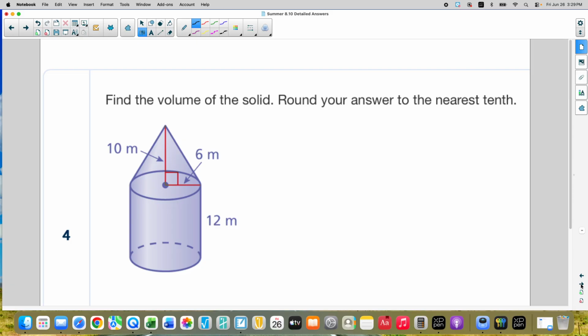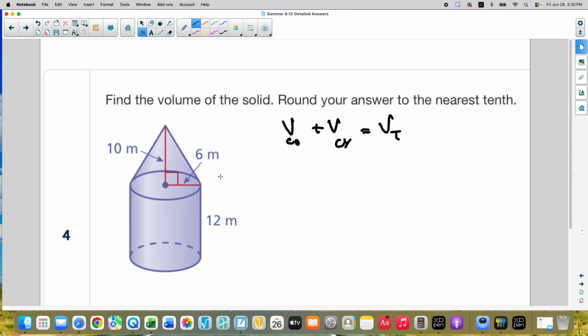Find the volume of the solid. You have two objects that you have to find the volume of. You have a cone, so volume of the cone plus volume of the cylinder. Both cone and cylinder will equal the total volume.